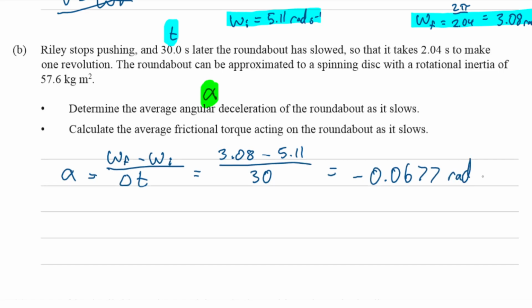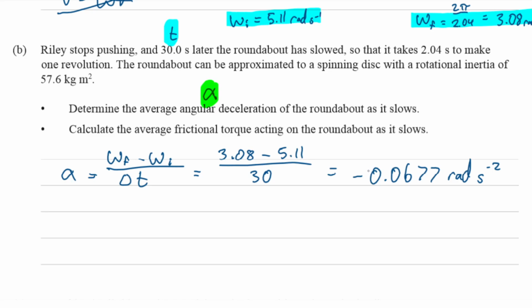So it's radians per second squared. And notice the negative, that just indicates deceleration. Right, because the final is less than the initial. Great, so that will be achieved, finding out the angular acceleration.